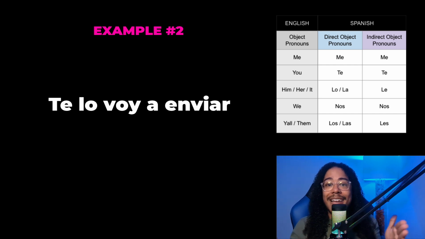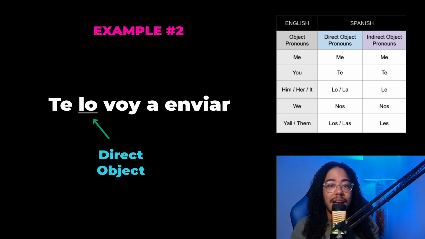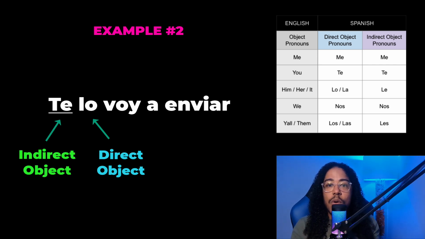Te lo voy a enviar. To you, it I'm going to send. Or I'm going to send it to you. Again, lo is the direct object because it is what is being sent. Te is the indirect object because it's who it is being sent to.